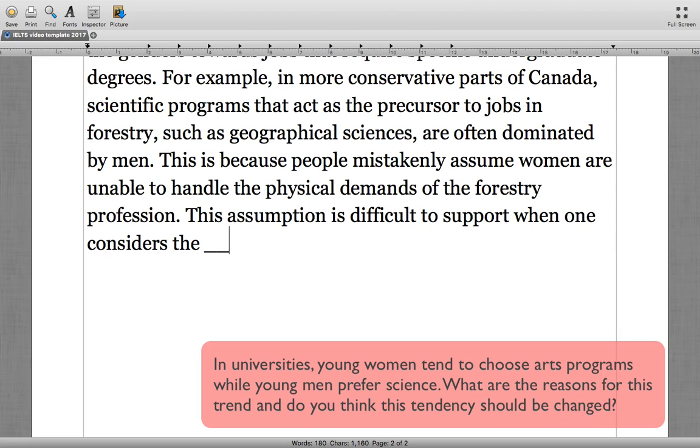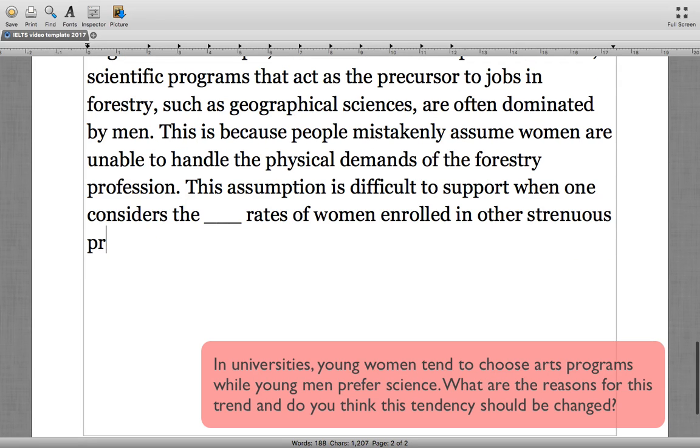So I was trying to think of a word to talk about the very large rates of women. I'll come back to it in a second. Enrolled in other strenuous professional roles, such as the Army. Okay.